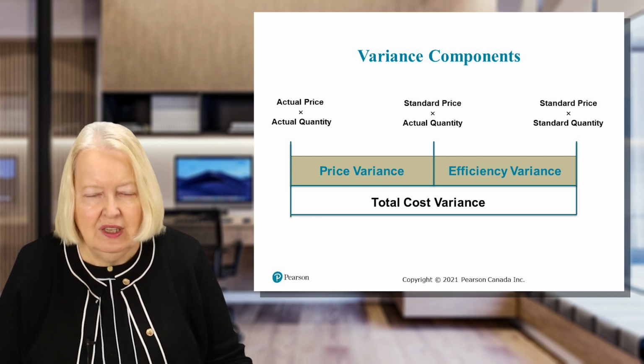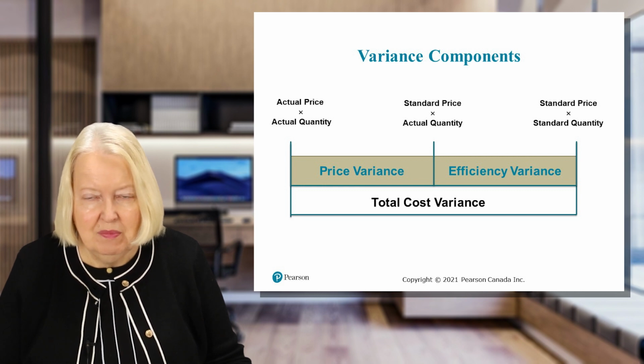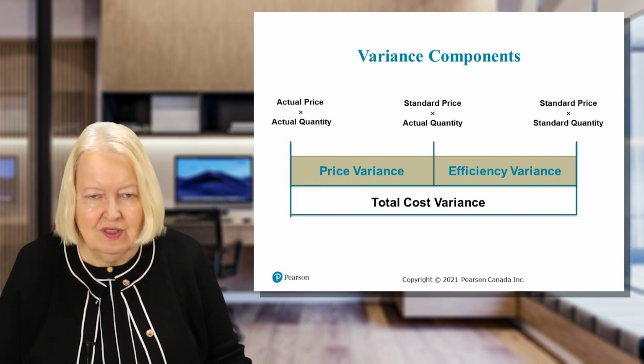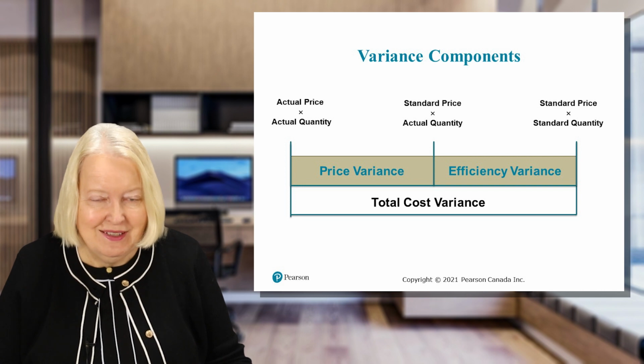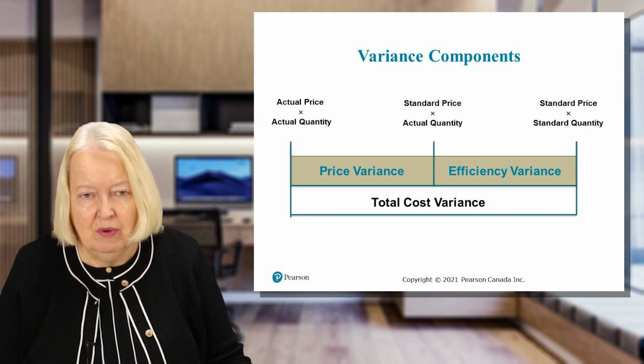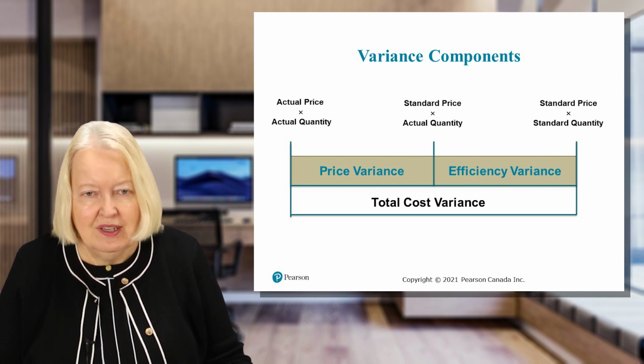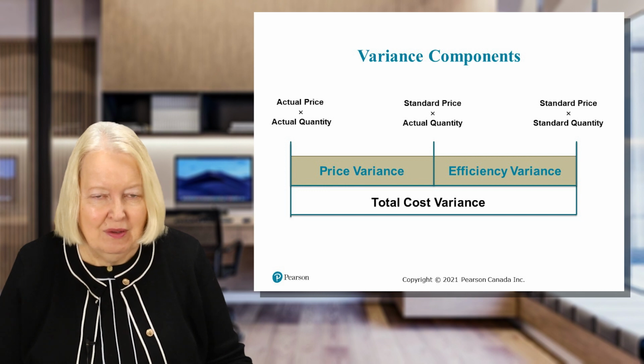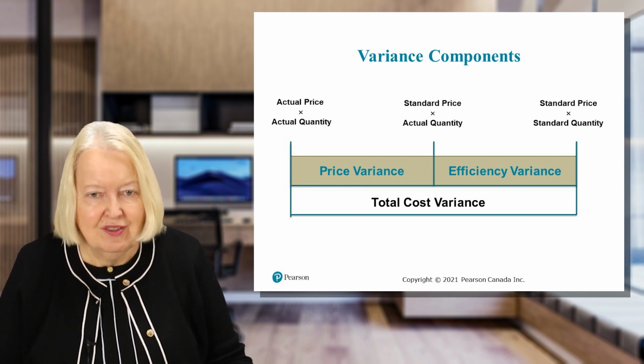When you're looking at the variance, you can have a variance for two reasons. One is price variance, so you can end up paying more per unit. Maybe there was a new collective agreement that took place during the year, and maybe the wage rate went up. So that could be why your wages went up, or maybe the price of gas went up, so delivery charges are higher.